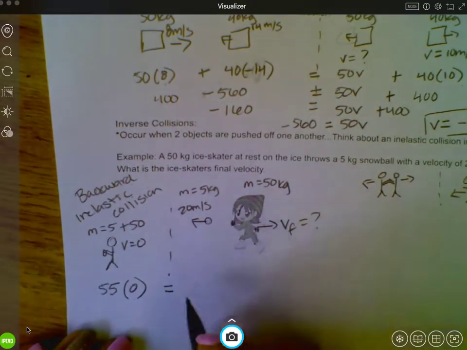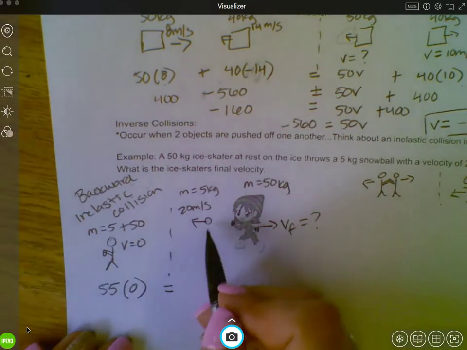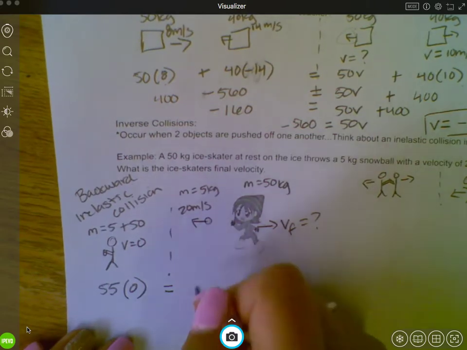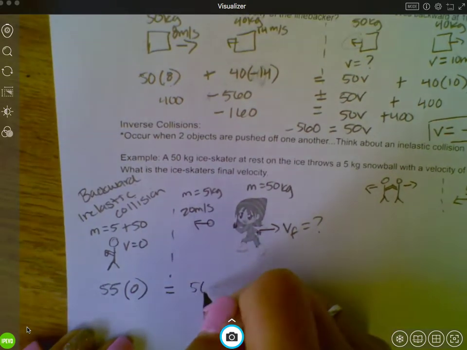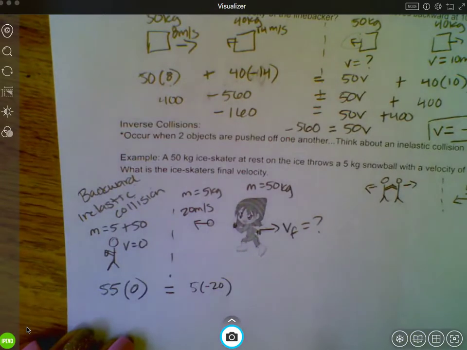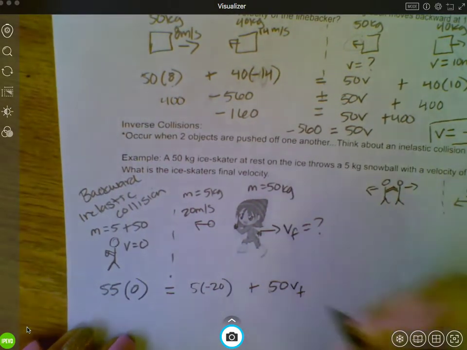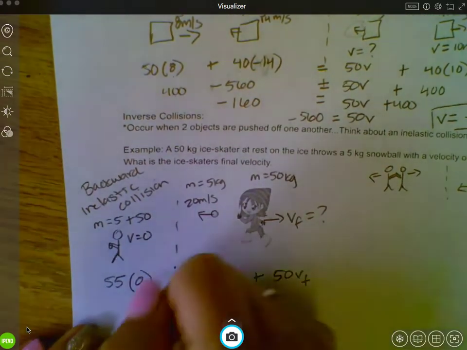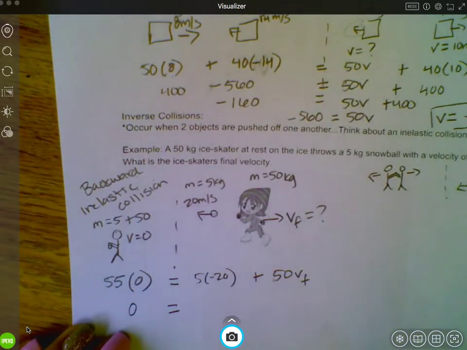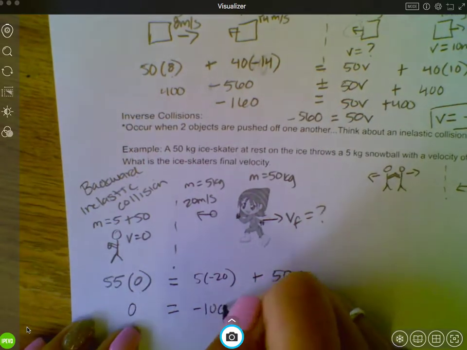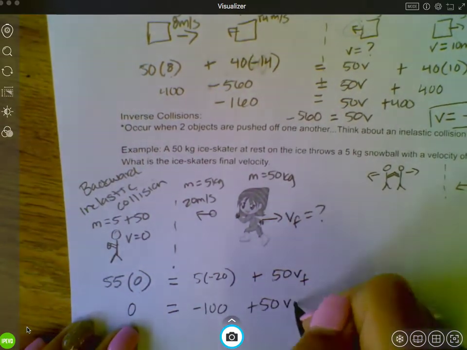Same idea as before, mv for each object. So mv for the snowball is 5 times negative 20. Don't forget it's going backward. mv for the girl is 50 times some final velocity. This side is 0 because they were at rest. This is negative 100 plus 50 vf.